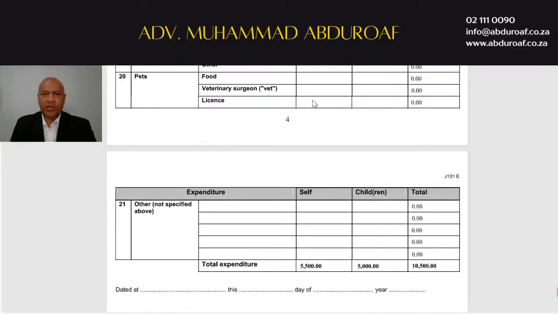And furthermore, in this example, where Kate earns a salary of 5,000 Rand per month and her total expenses is 10,500 Rand per month, it does not make sense. So a lot of these expenses Kate is not necessarily incurring, but she would require the maintenance court to make an order for the other side to pay it.